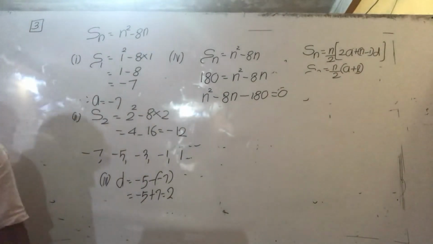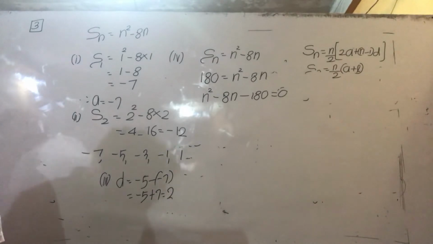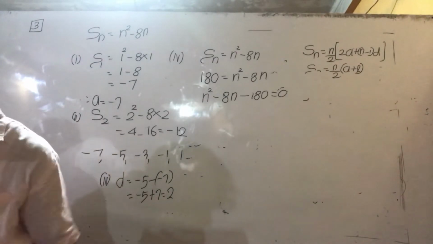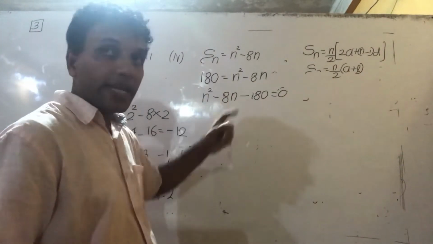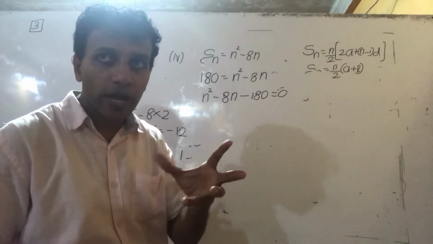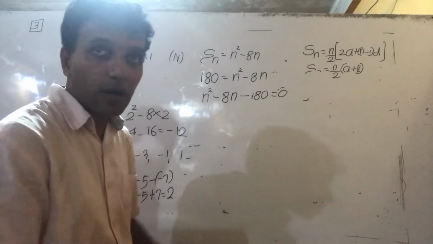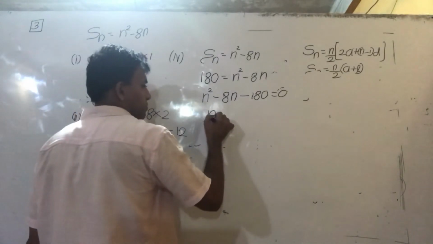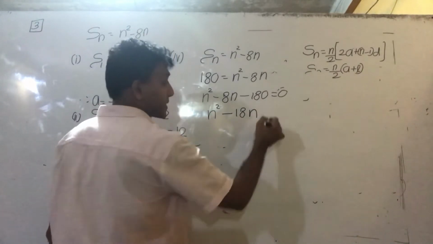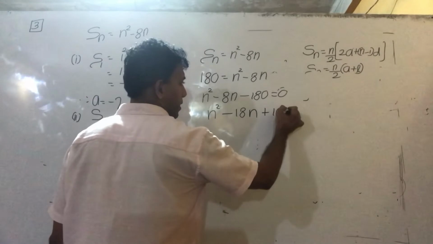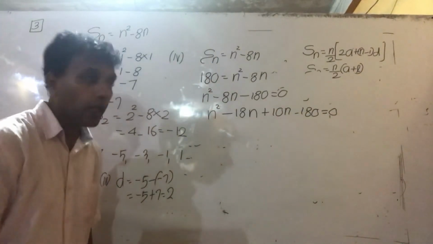So we learned this in grade 9, also here in grade 10, factorization. Multiply to 180, sum minus 8, that is 10 times something, 10 times 8, here 18 and 10. 18 and 10 together, the multiplication answer and the subtraction answer are available, right? Therefore n square minus 18n plus 10n minus 180 equals 0.